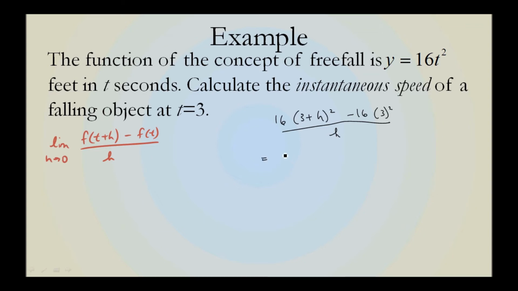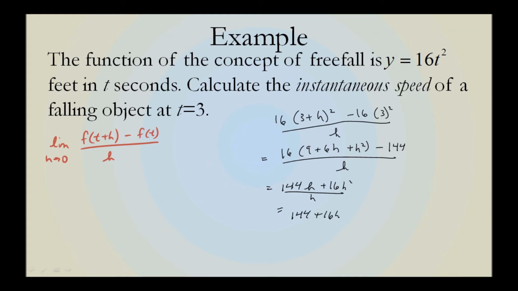So 16 times the quantity 9 plus 6h plus h squared minus 144, divided by h, equals 144h plus 16h squared, divided by h, equals 144 plus 16h.